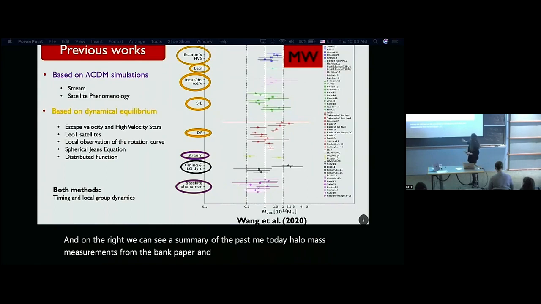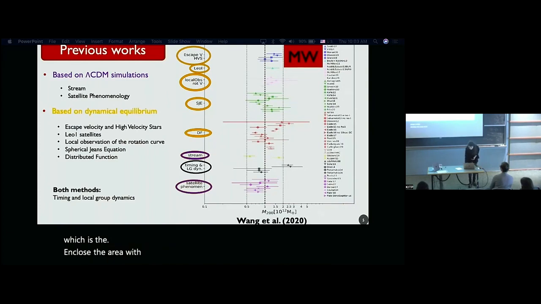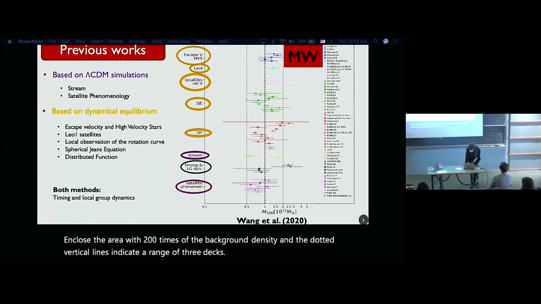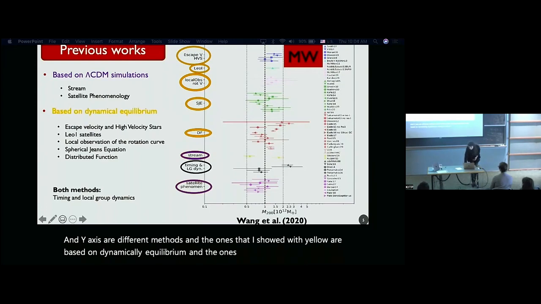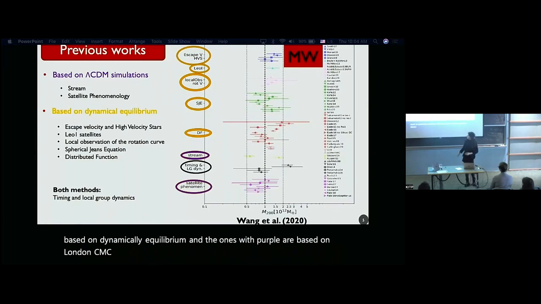On the x-axis we have M200, which is the mass enclosed in the area with 200 times the background density, and the dotted vertical lines indicate a range of 3 dex. The y-axis shows different methods: the ones shown in yellow are based on dynamical equilibrium, the ones in purple are based on Lambda CDM simulation, and the black one used both methods.